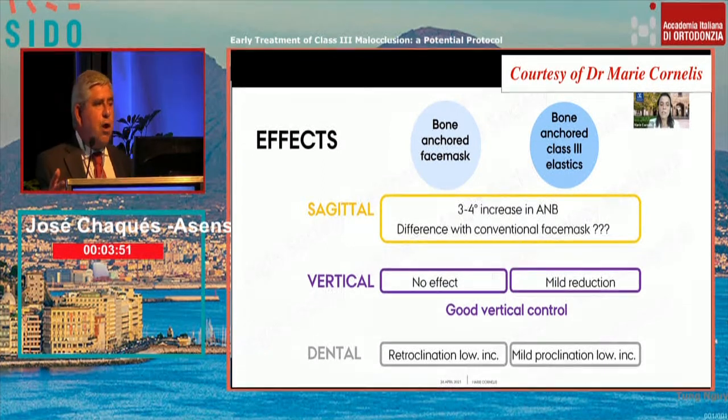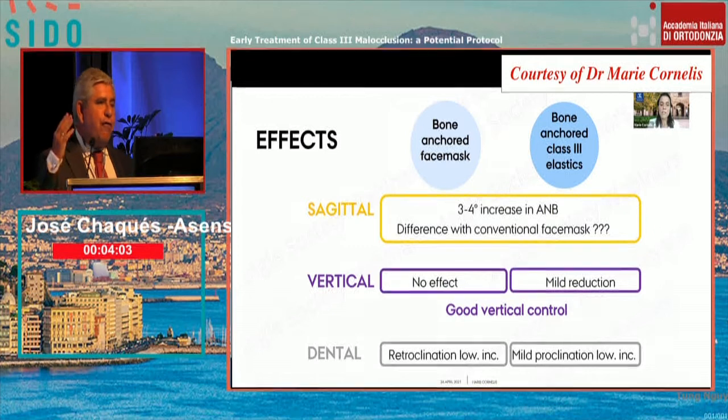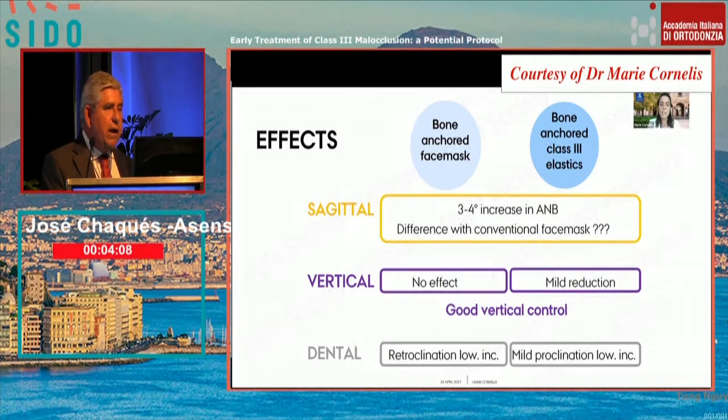Because if there is no difference, there is no reason to do mini screws or skeletal anchorage. I mean, it has to be proven that there is a significant difference in efficacy or efficiency in order to justify to do early treatment in very young children. Otherwise, it's over-treatment. So that has to be proven. Otherwise, we have an ethical problem there.